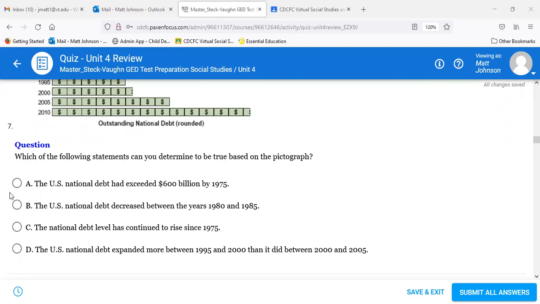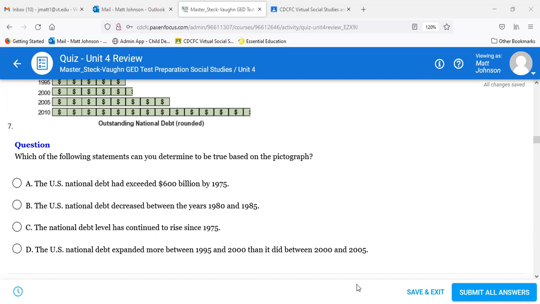B, the U.S. national debt decreased between the years 1980 and 1985. C, the national debt level has continued to rise since 1975. D, the U.S. national debt expanded more between 1995 and 2000 than it did between 2000 and 2005.